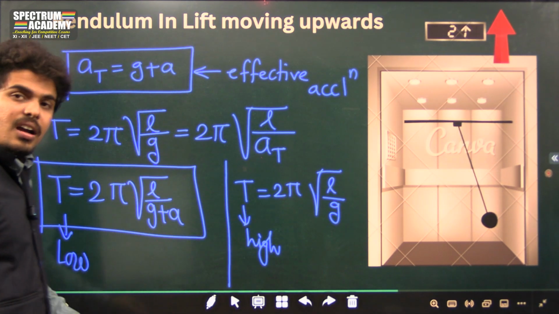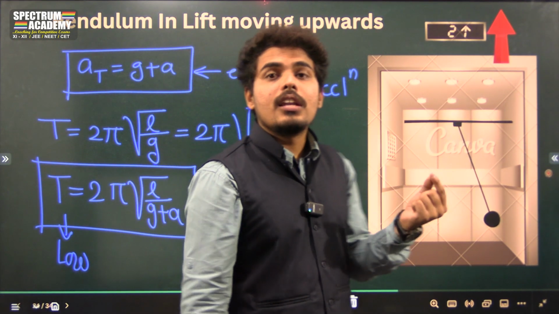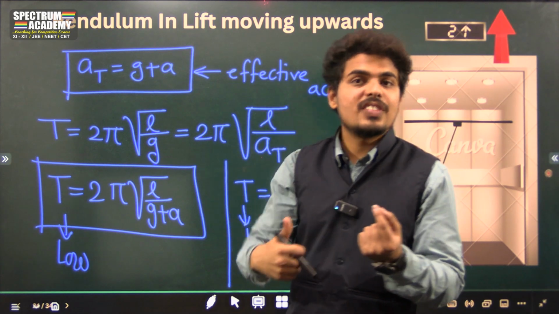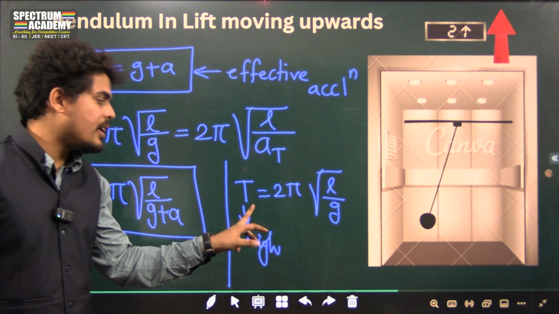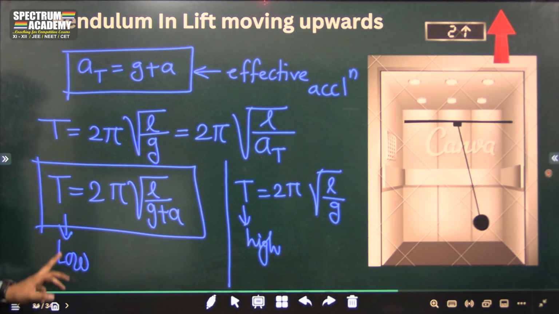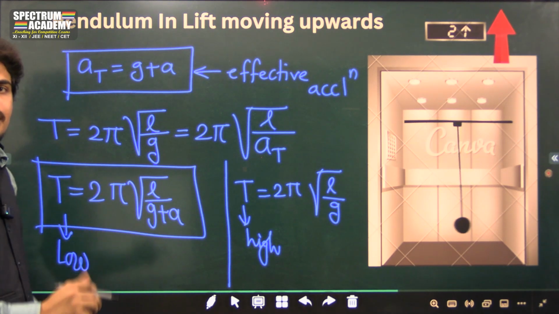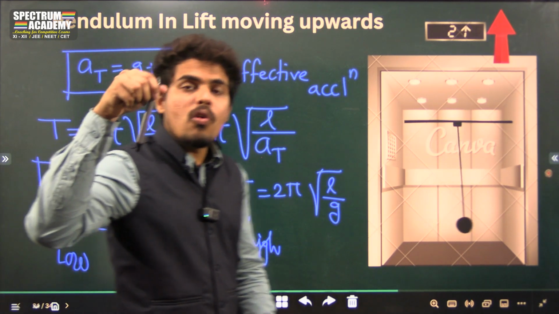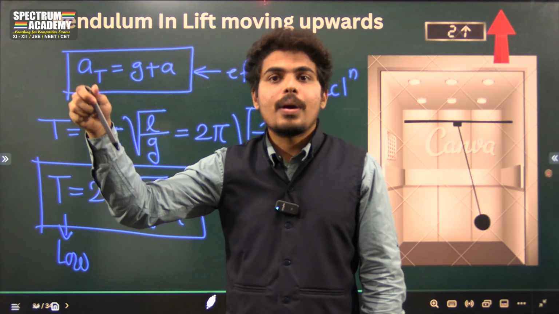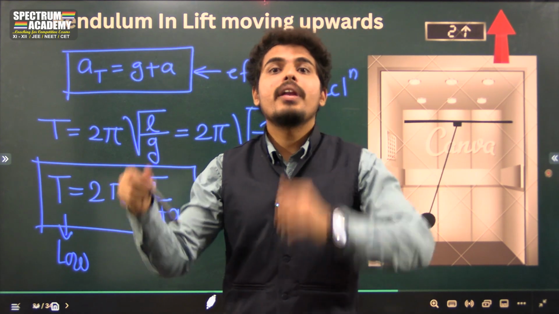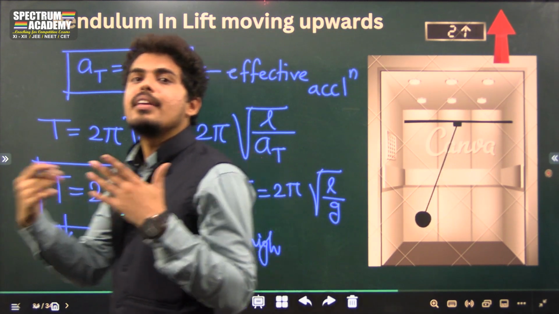So अगर हम पेंडुलम को लिफ्ट में लेकर जाते हैं एंड द लिफ्ट इज मूविंग अपवर्ड्स विद सम एक्सेलरेशन, तो हमें क्या दिखता है, जो उसका रेगुलर पीरियड था t, वो कम हो जाता है विथ वैल्यू 2 पाई अंडर रूट ऑफ L upon g प्लस a. मींस अगर उसका पीरियड एयर में कुछ है तो लिफ्ट में जाने के बाद एंड लिफ्ट इज मूविंग अपवर्ड्स, पीरियड उसका कम होने वाला है. पीरियड इंक्रीज नहीं होगा, पीरियड डिक्रीज होगा.